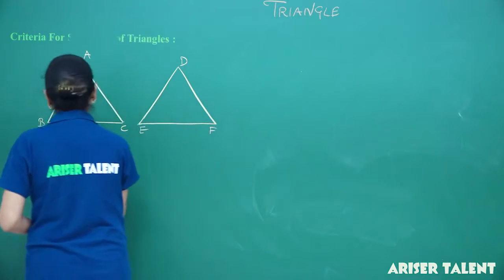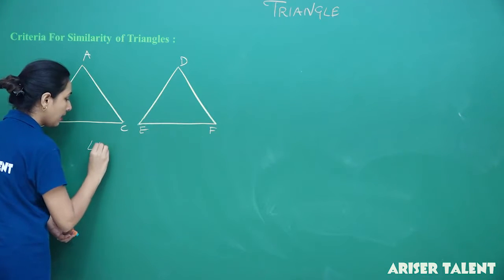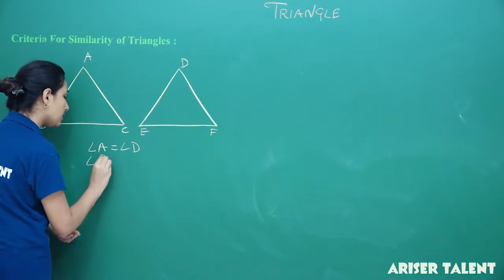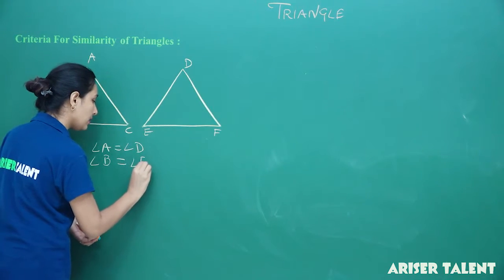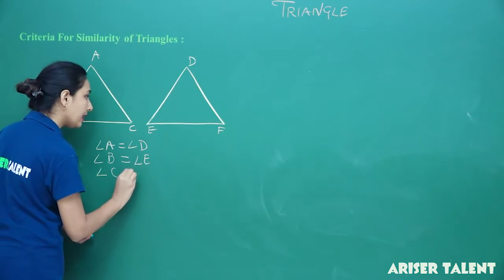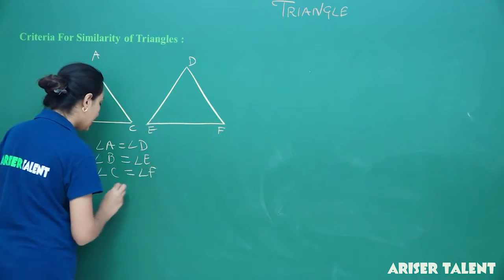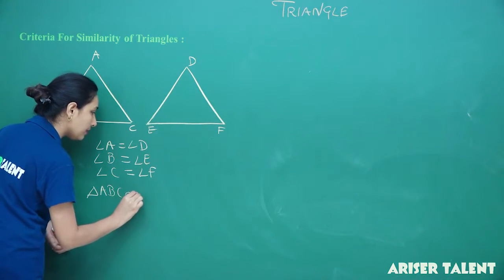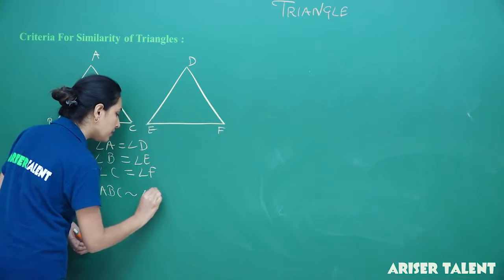So if angle A equals angle D, angle B equals angle E and angle C equals angle F, then we call triangle ABC similar to triangle DEF.